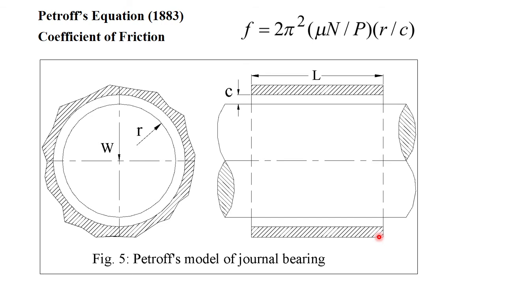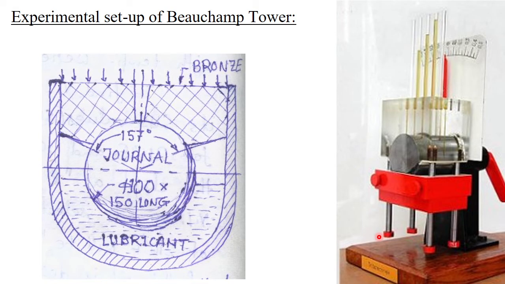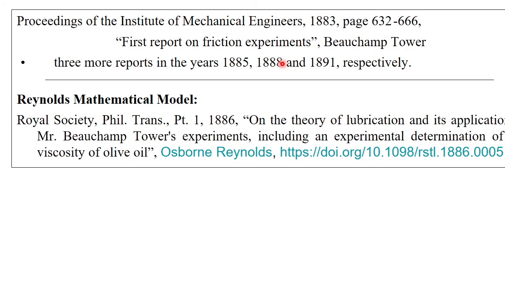But at the same time, in 1883, there was an experiment. Actually, the experiment was being done for a long time before. The result was published in 1883 by Beauchamp Tower.